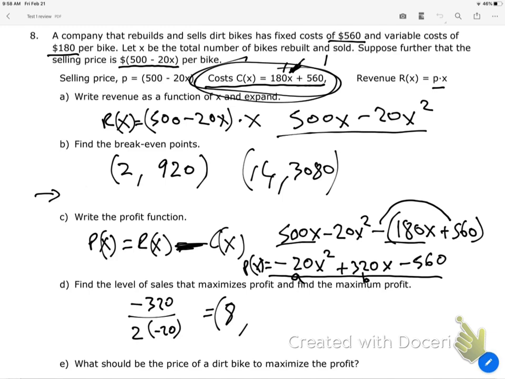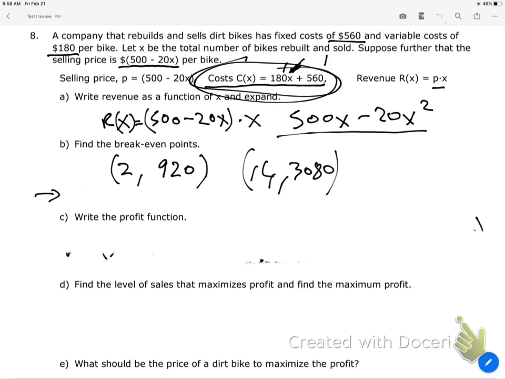Take me time now. 8 squared is 64, times negative 20 equals negative 1280. 320 times 8 equals 2560, then minus 560, equals 720. So there you go. That's the maximum profit when we sell 8 bikes, using negative b over 2a from part C.